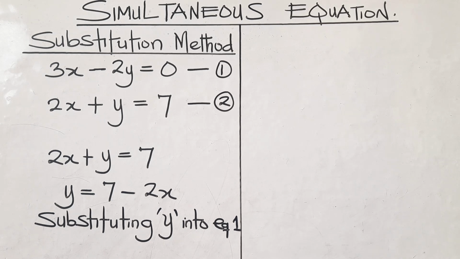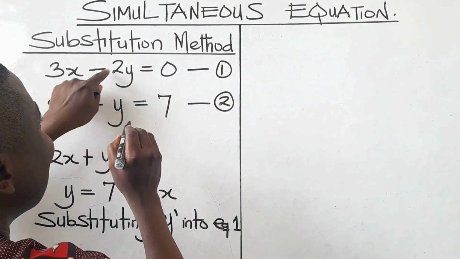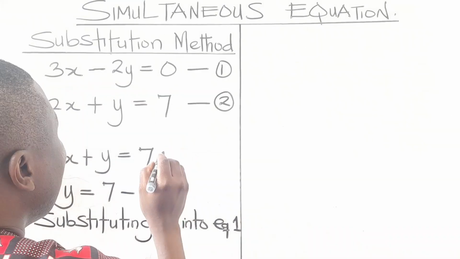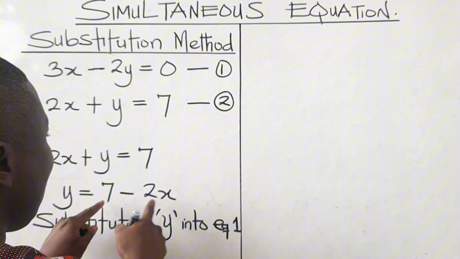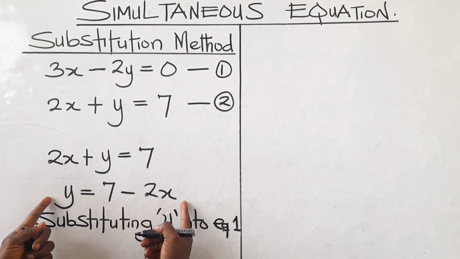Let's see what we will have. Our equation 1 says 3x minus 2y equal to 0. But remember, anywhere we see y, we put 7 minus 2x.